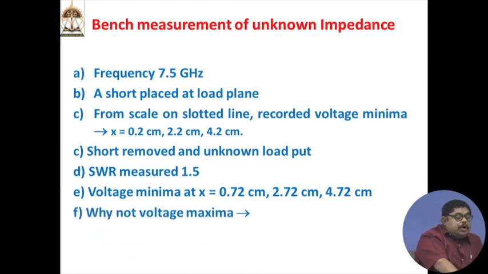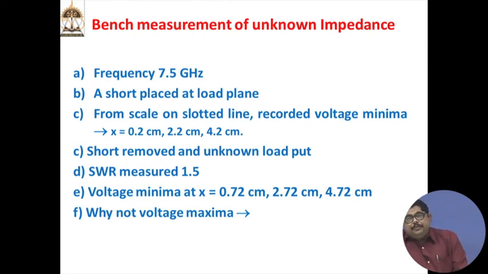Now here one question: why did we measure the minima, when we could have measured the maxima also? Both of them repeat after lambda g by 2, but near the maxima, if you take the derivative of the curve, which is the sensitivity, for maxima it is 0, because near that point the slope is 0. So if you miss the maxima, the error committed will be large; it is very insensitive.